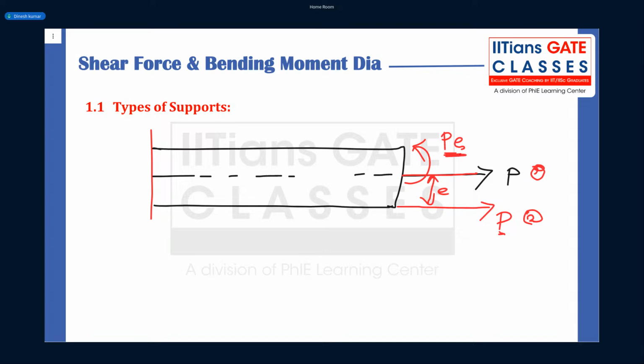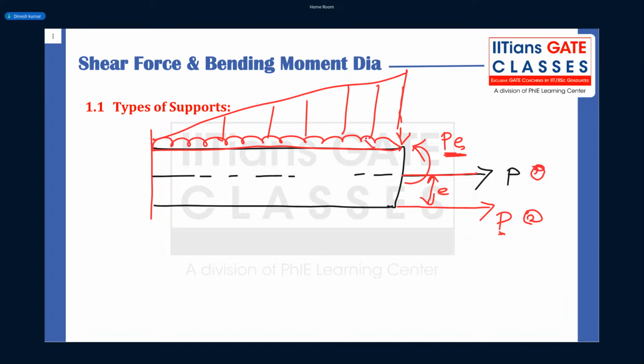Either there is a point moment, or you can have a point load anywhere on the beam, which is a transverse load, or you can have a UDL, or a UVL, or any arbitrary transverse load. Then this structure will behave like a beam. Clear?